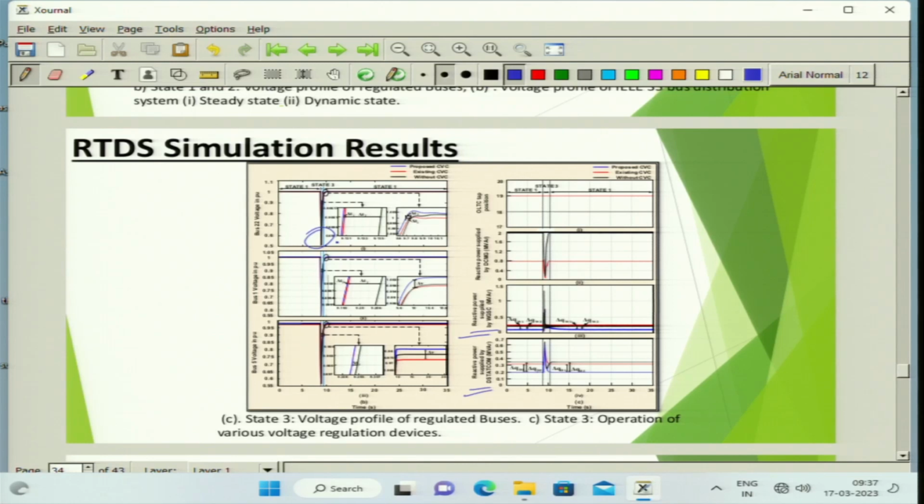That means we recover the system voltage profile from the abnormal situation to the normal situation much quicker. So, this is the advantage: during steady state and dynamic state the voltage profile is improved, and during the transient state the post fault voltage recovery time is reduced.